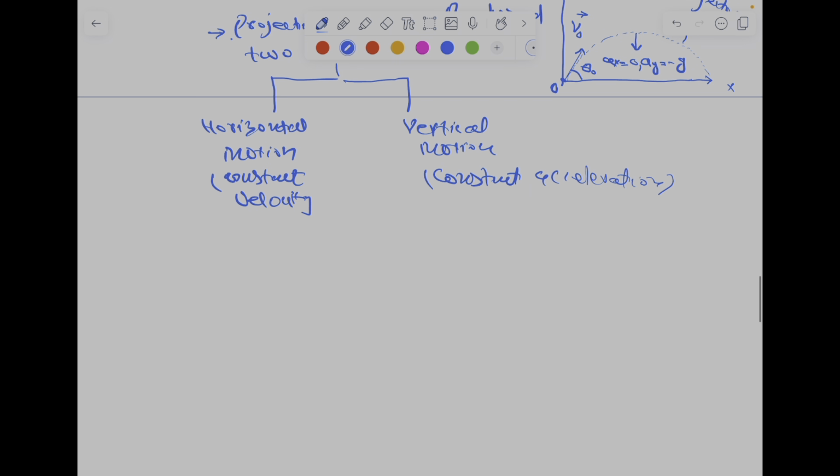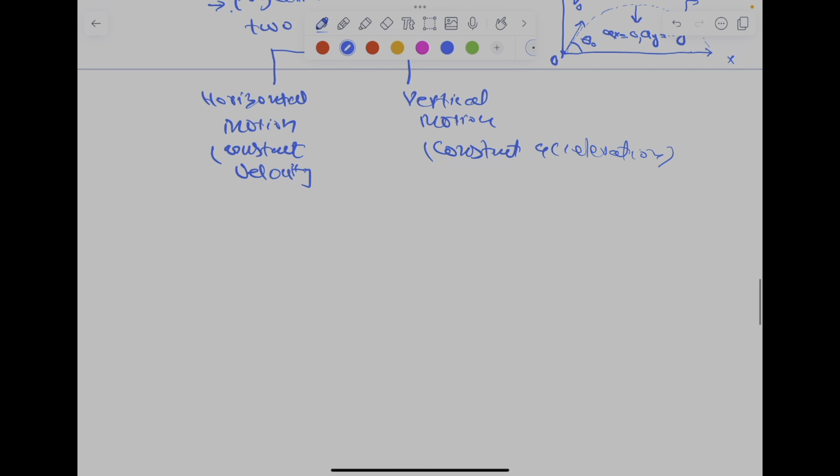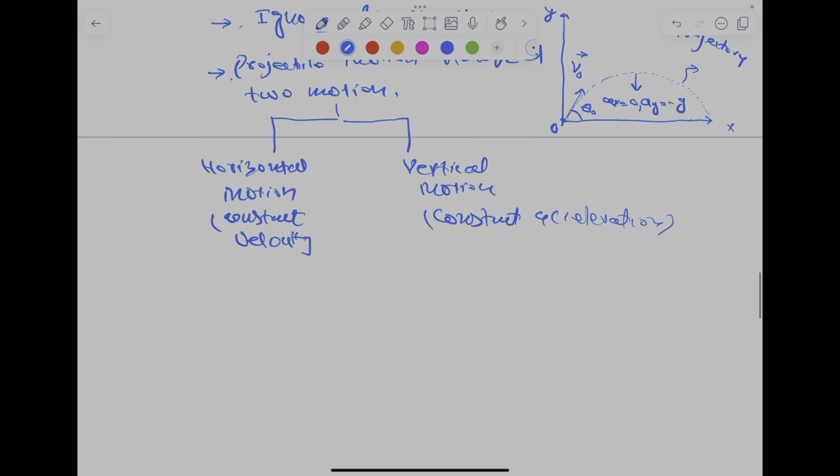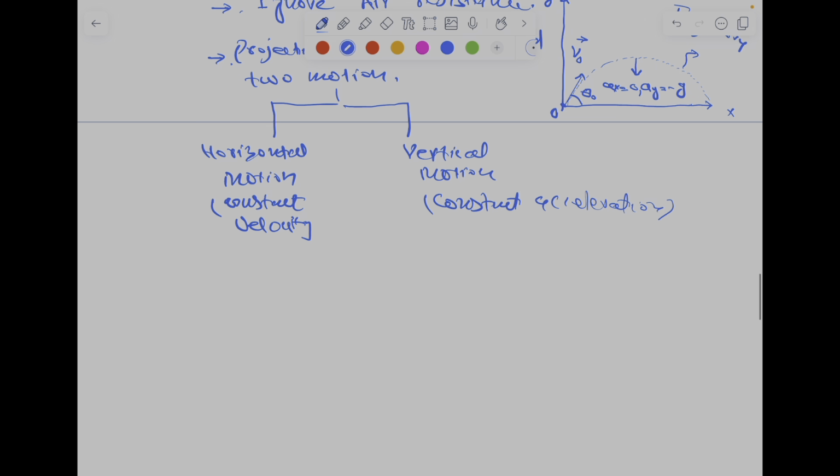Okay, the particle which is projected at some angle is known as a projectile, so I will use projectile. When a particle moves in an xy plane and follows a path or trajectory like the projectile, it's given by some initial velocity.